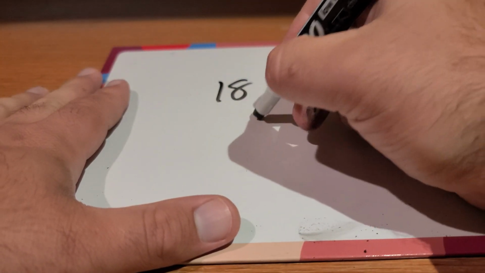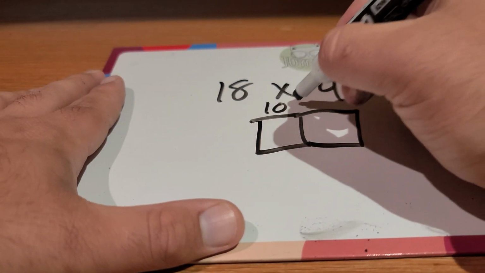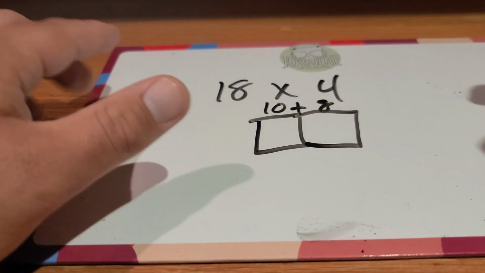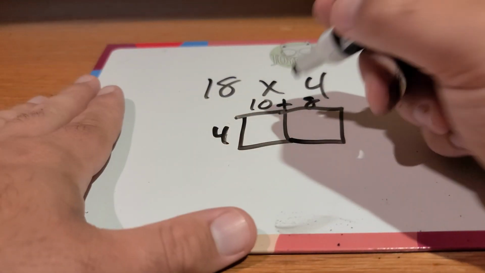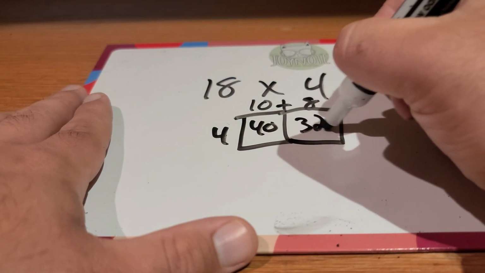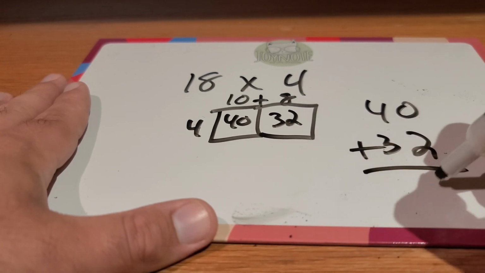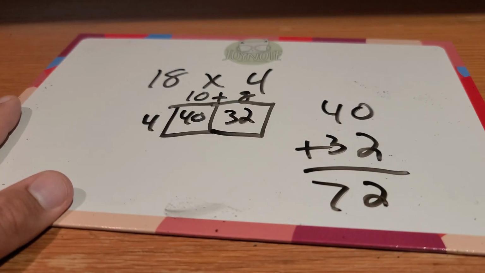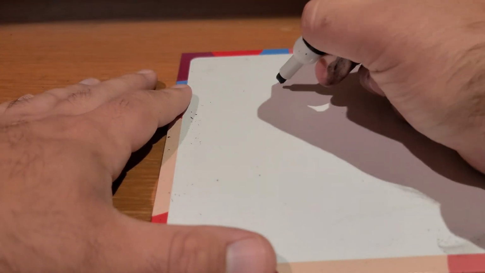We have 2, so we draw 2 boxes. Then put that number in expanded form. 4 only has 1. We already have 1 here, so we put it on the side. Multiply inside. Then add them up to get your answer. Then we move on to 2 digit by 2 digit.